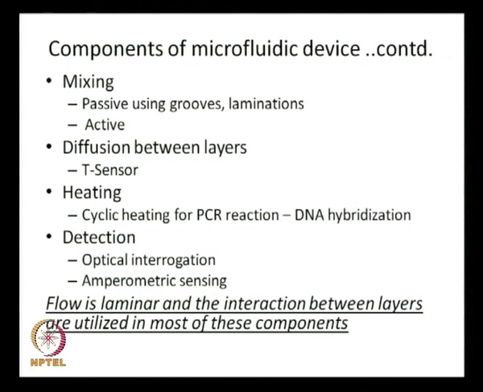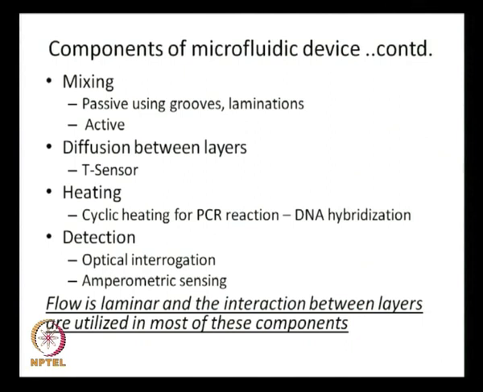And in all these components, one essential feature is that it is assumed flow is laminar. In fact, the Reynolds number is pretty small in flows in microchannels. Flow is considered laminar and the interaction between layers is utilized in most of these components.